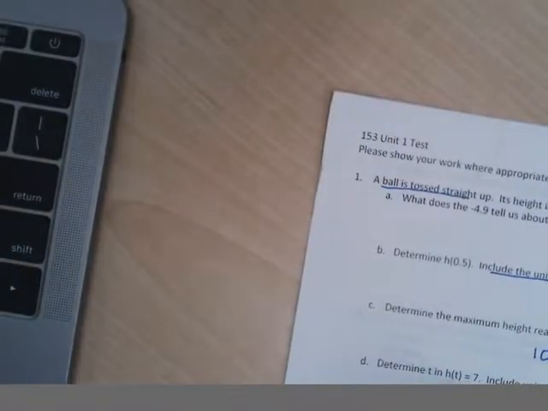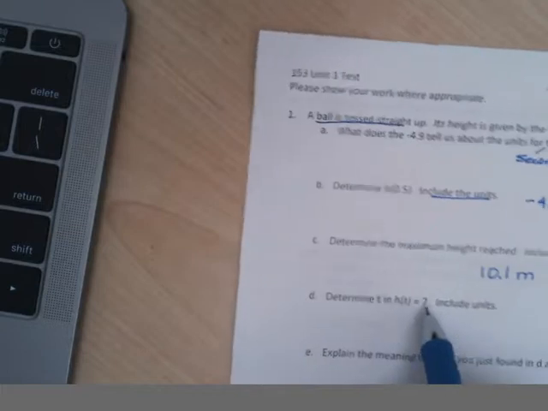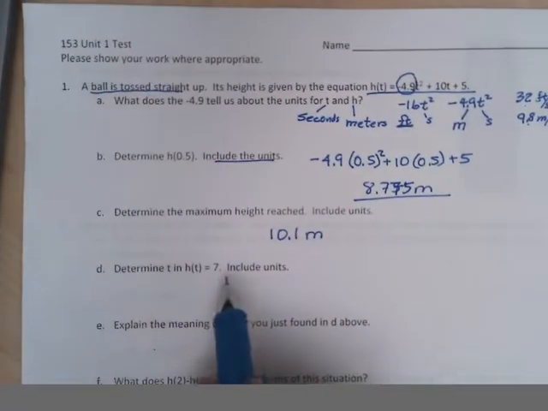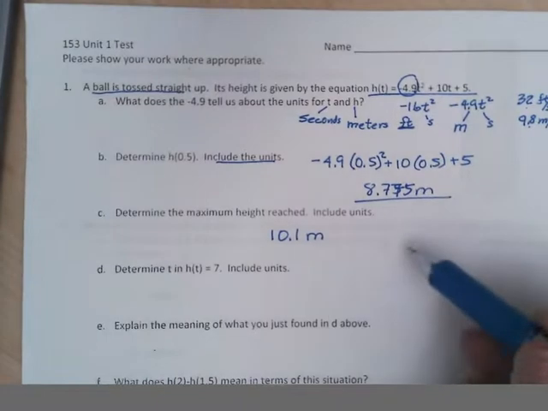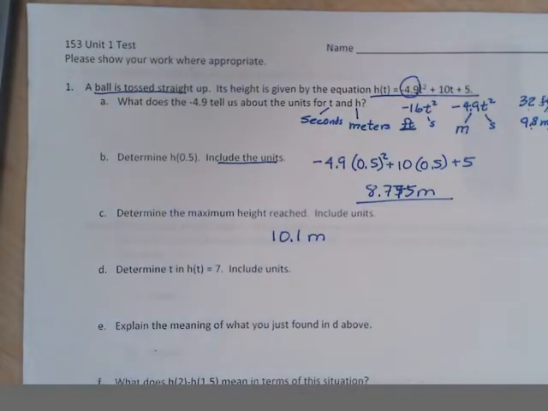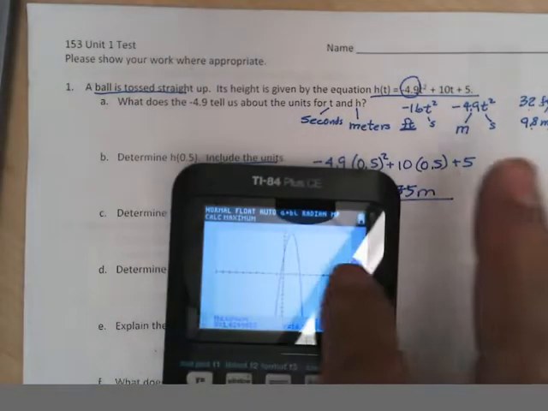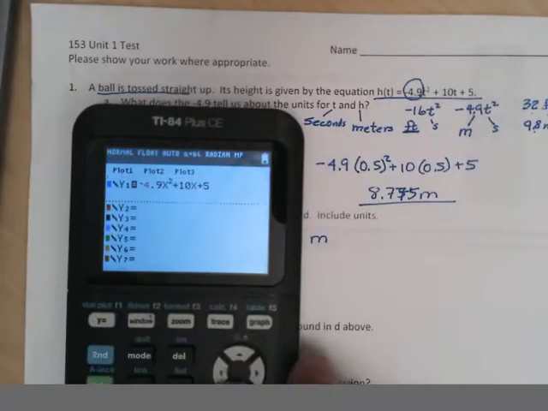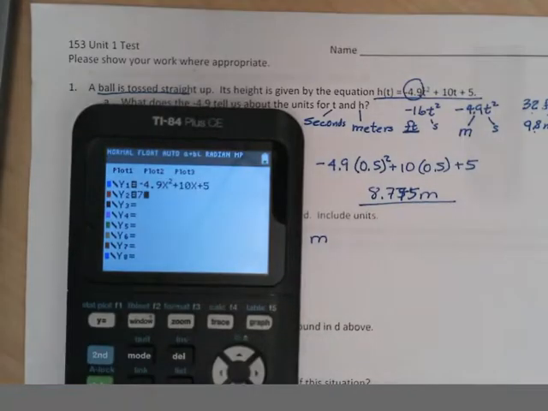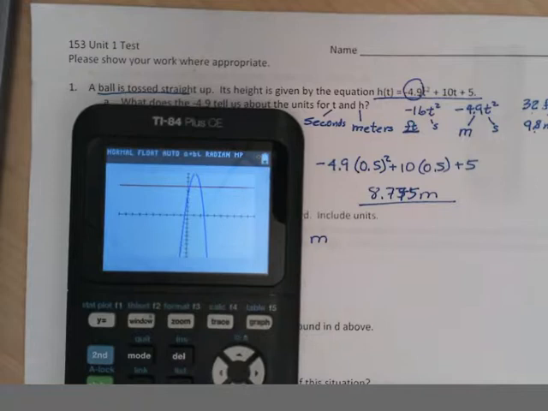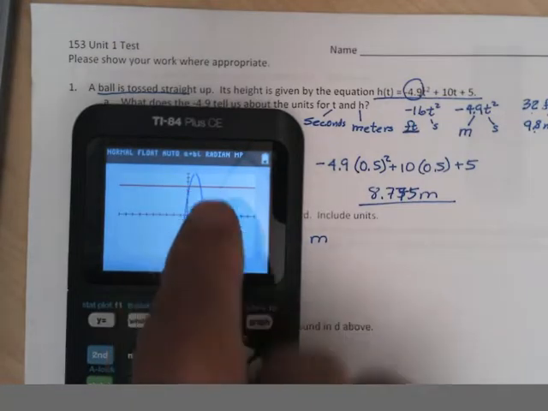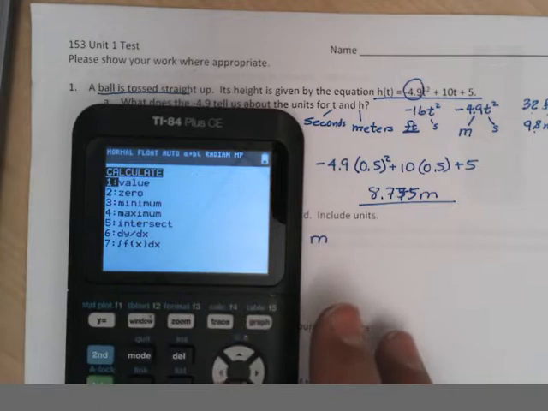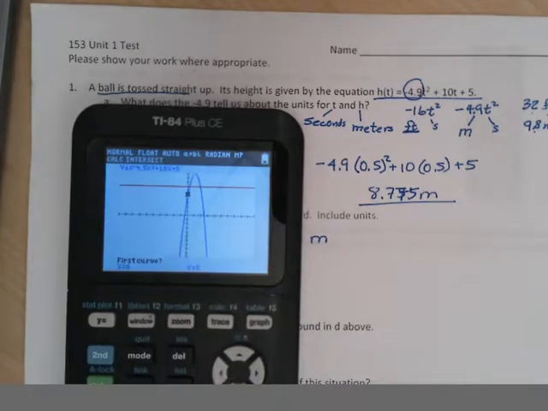If I want to know when the height is 7, well, that happens on the way up and on the way down. So there's 2 times when it's at a height of 7. On the calculator, we can go to the y equals and just say 7 graph, and then find out where it intersects. Second, calculate the intersection.